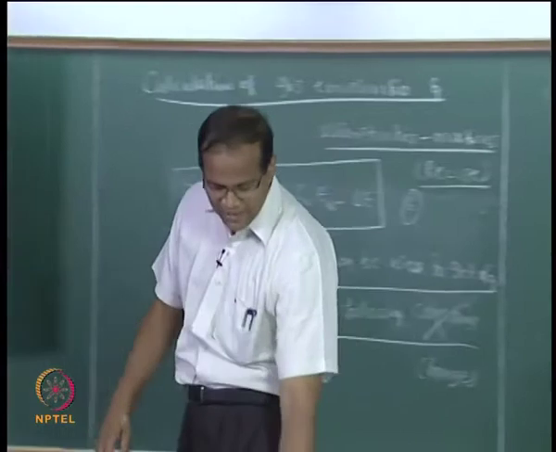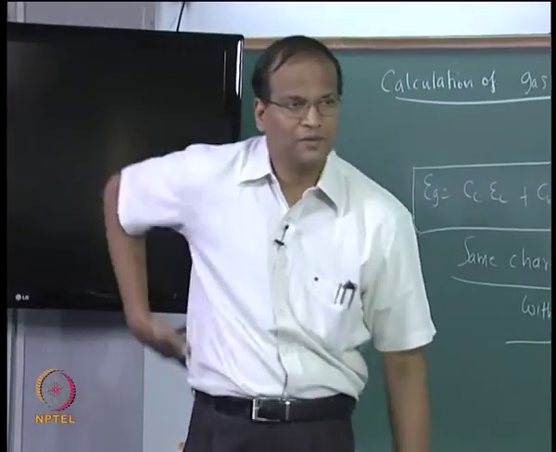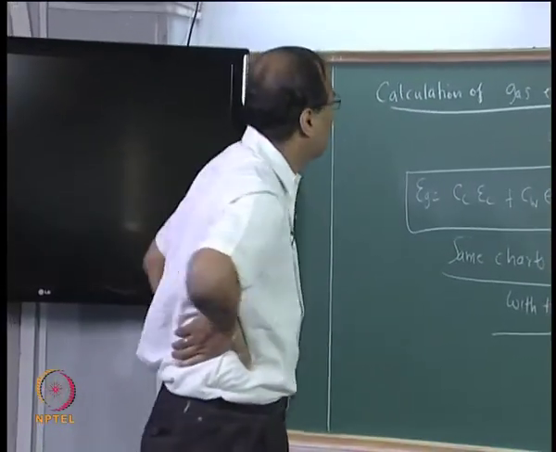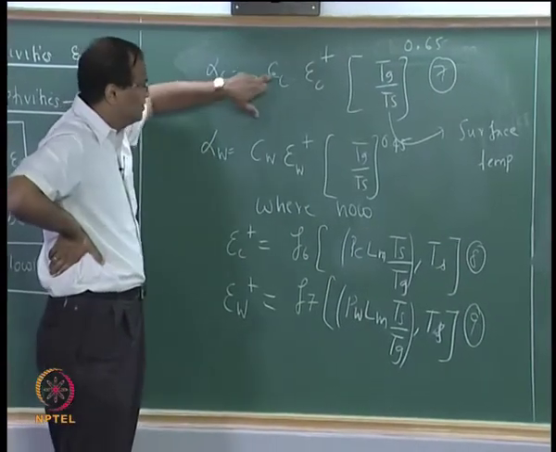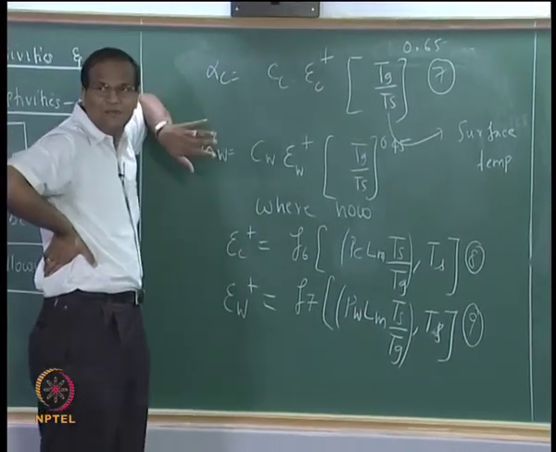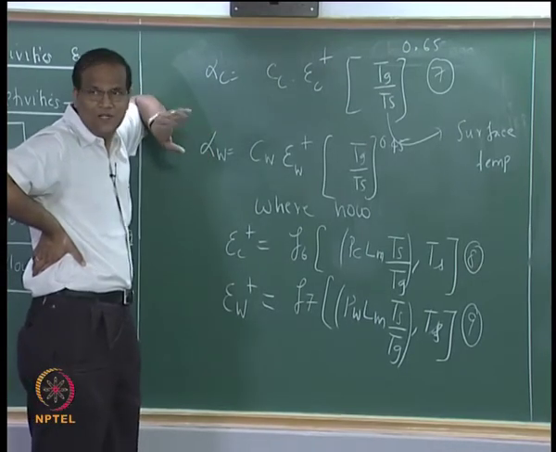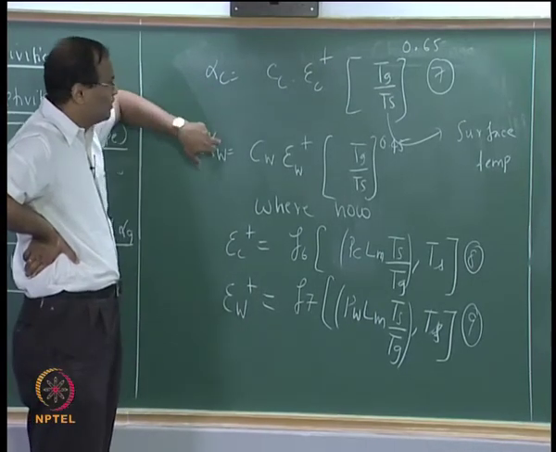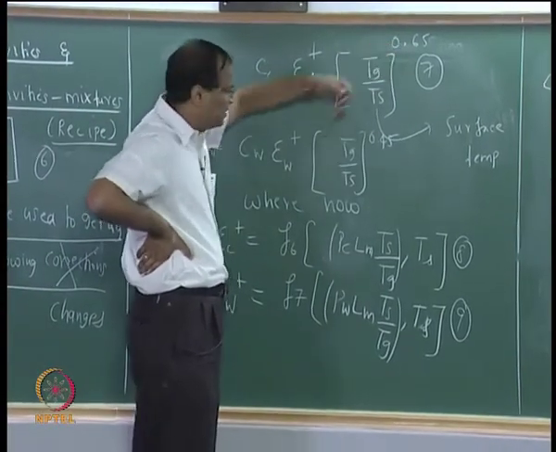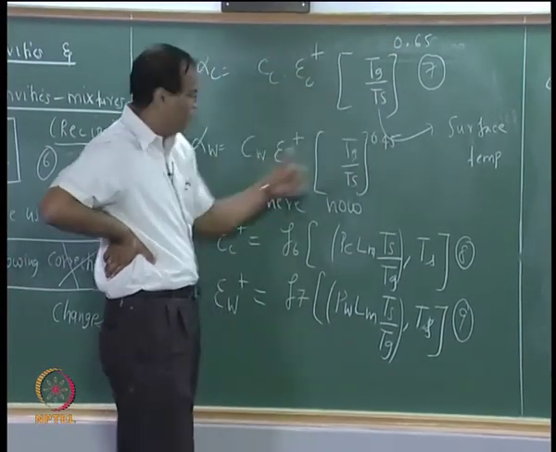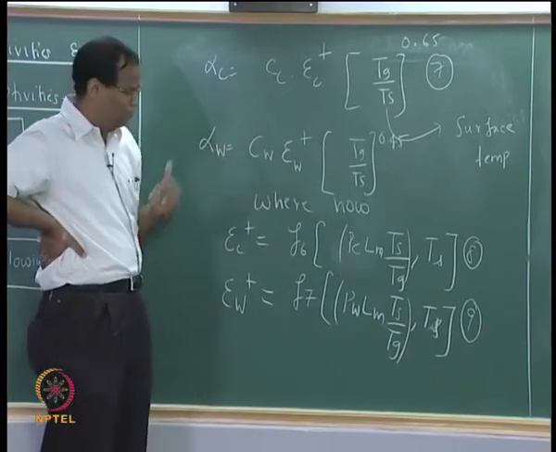So use the same charts; again you have to use the charts 5 times. One is to calculate alpha C and alpha W, but fortunately CC and CW are the same, so you read only once. Calculate these two values, but do not forget to multiply by Tg by Ts to the power of 0.65, and Tg by Ts to the power of 0.45 for alpha W.